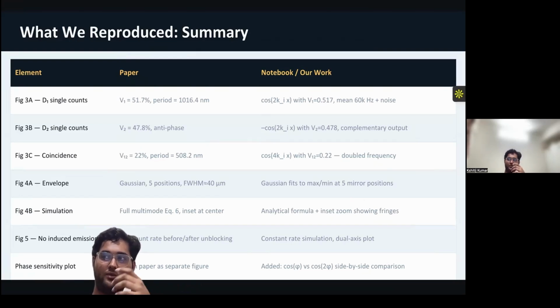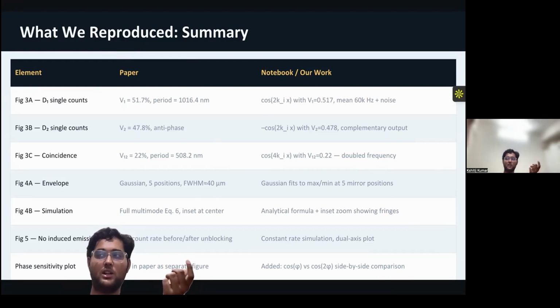We implemented the correct phase relationship, cosine 2kx for the single photon panels and cosine 4kx for the coincidence, and verified both fringe periods analytically. The rate difference between single photon counts at around 60,000 hertz and coincidence counts at around 60 hertz comes naturally from the two-pair generation probability scaling as the square of the single pair rate.